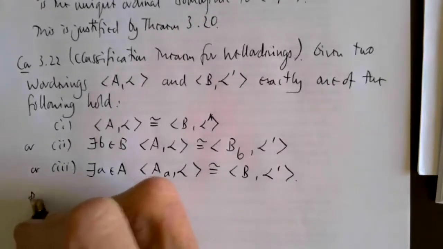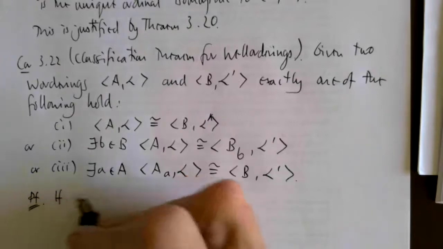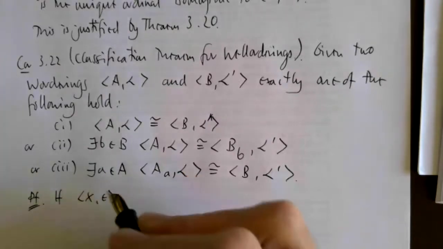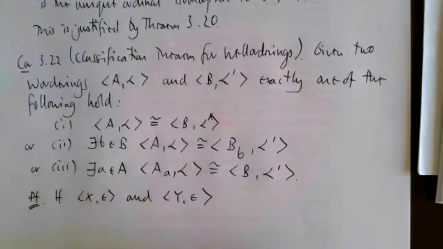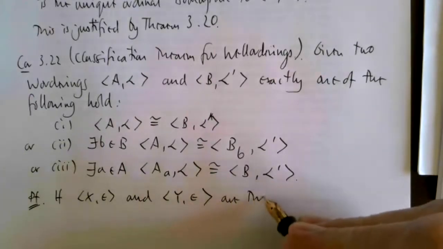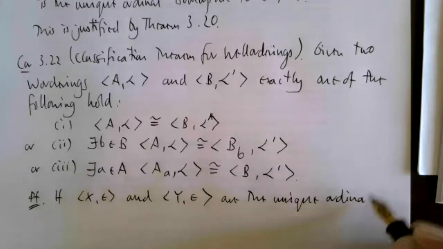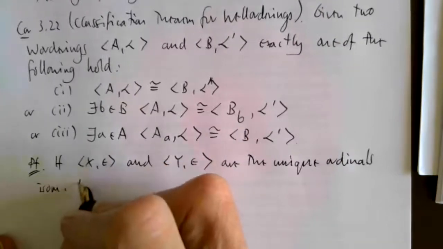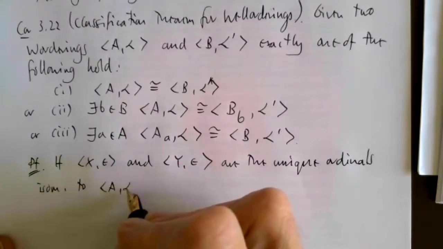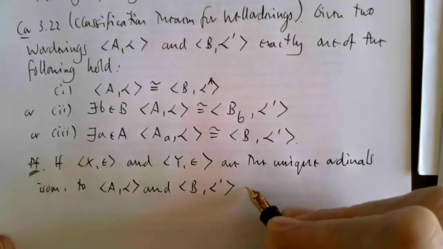And how would you justify that? Well, again, it's the last theorem. The last theorem says A and B are isomorphic to two ordinals, X and Y, respectively. So these are the unique ordinals isomorphic to first A and then B, respectively.